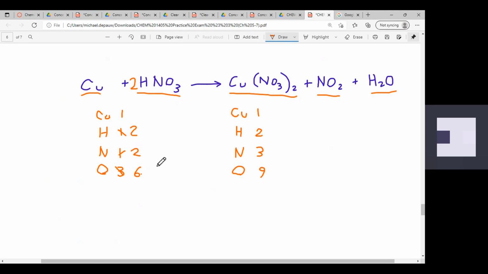Now, whenever you come across an odd number that you're trying to balance with an even number, the trick is double the odd to make it even and then rebalance. Let me say that again. Double the odd to make it even and then rebalance. So the odd number of nitrogens is on the product side, right? Which of these compounds is causing the number of nitrogens to be odd?